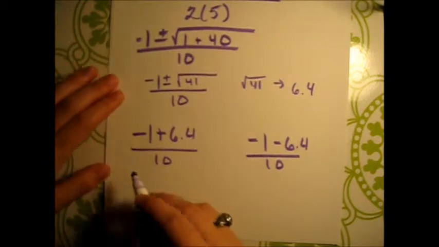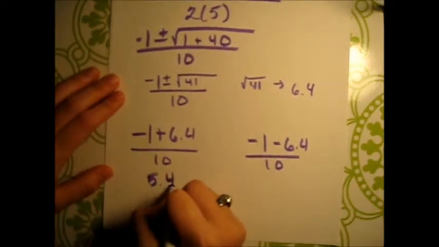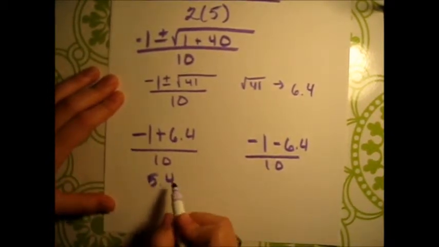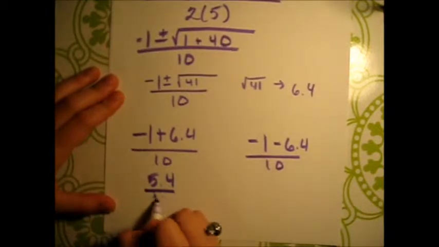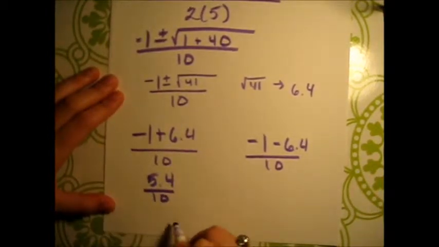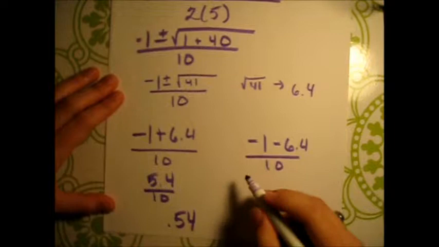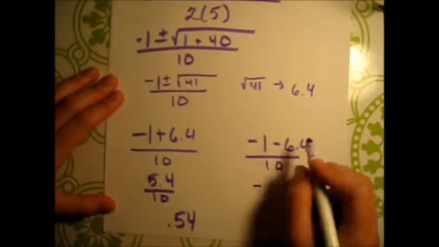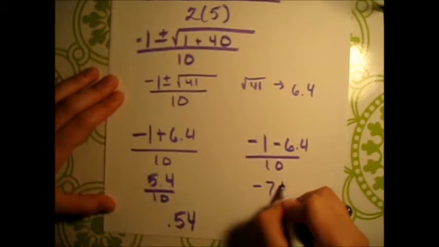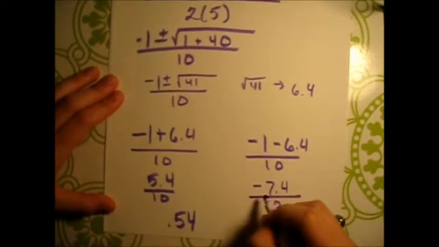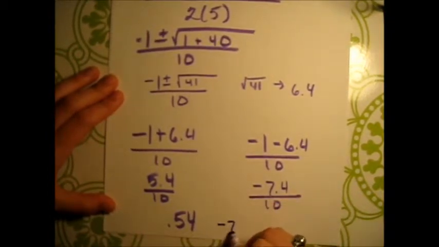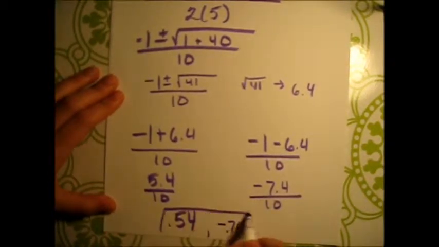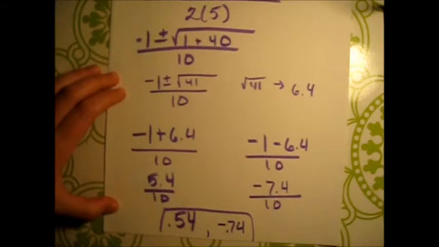Negative 1 plus 6.4 is 5.4. And then 5.4 over 10 is 0.54. And then we're going to come over here and negative 1 minus 6.4 is negative 7.4 over 10. You get negative 0.74. And these two are your answers.